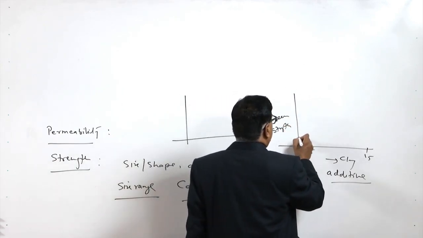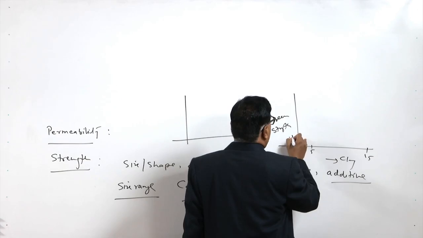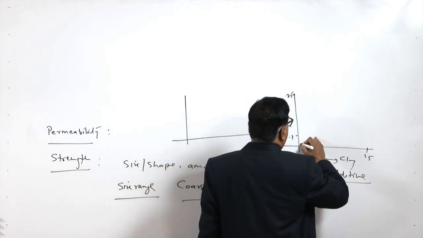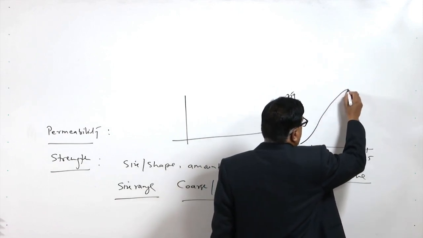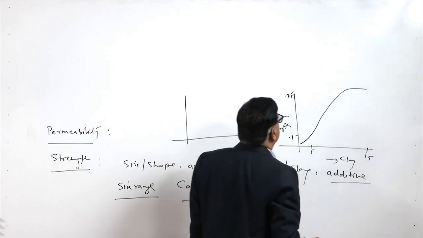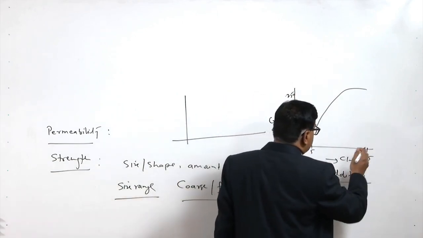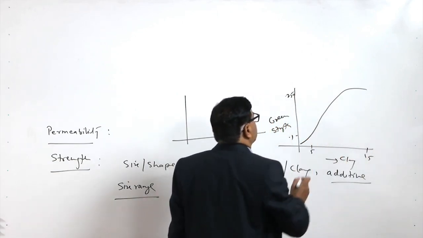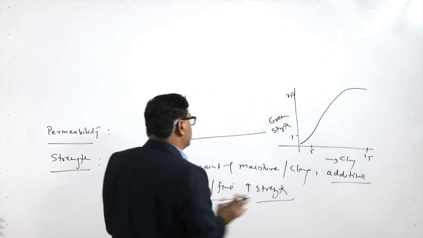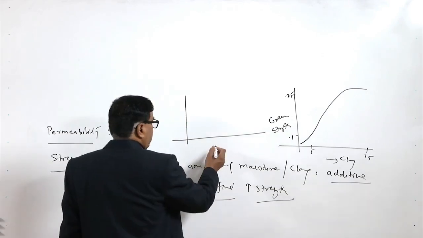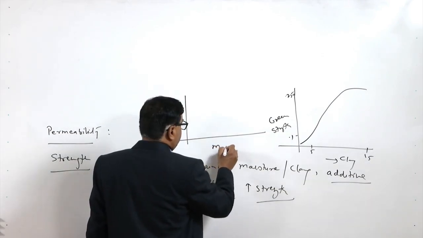The green strength changes from say 0.1 to 0.25. Here it increases rapidly and then becomes stable. So, an increase in the amount of clay increases the green strength because of the increased bonding between the powder particles, and here we have moisture.